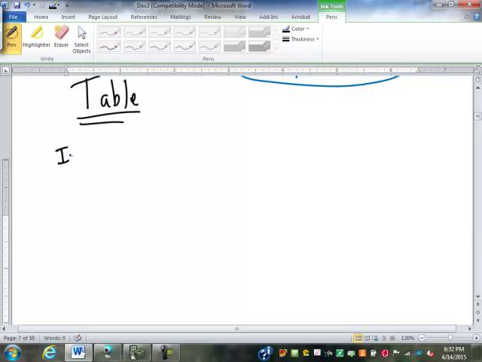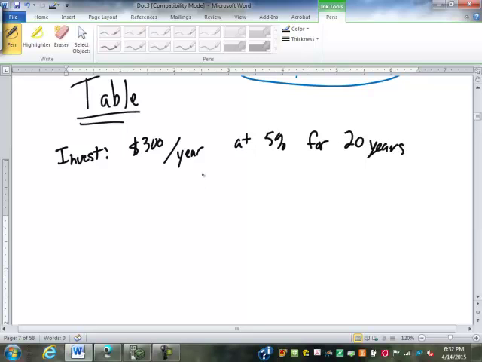So let's say we're going to invest $300 per month. Actually, no, we're going to go $300 per year at 5% for 20 years in an annuity due.